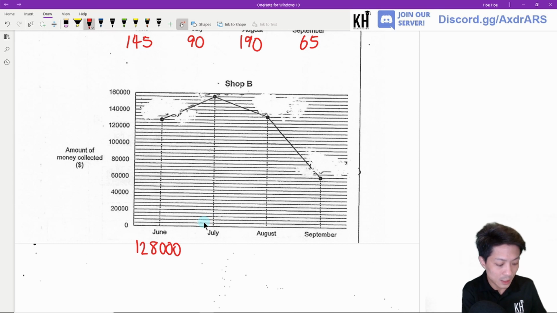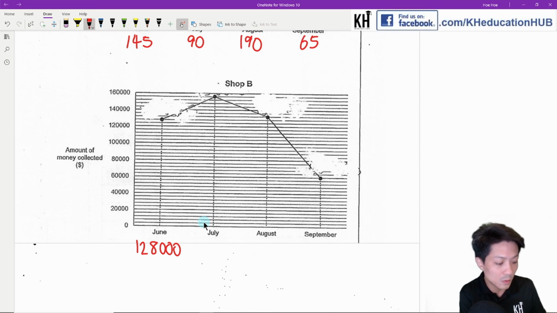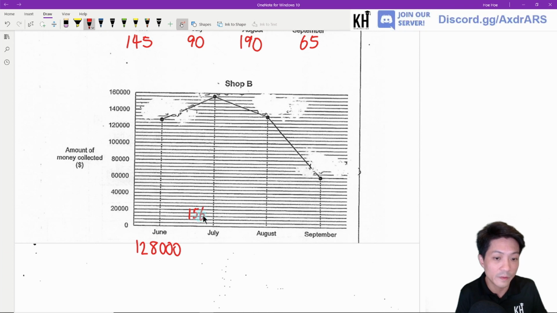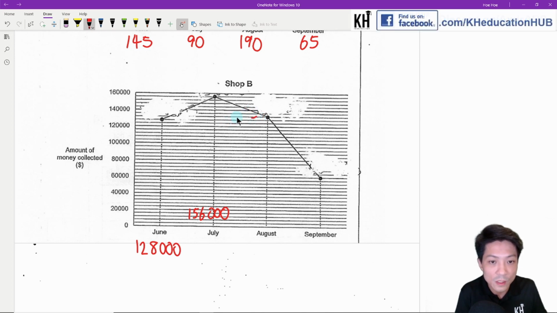July, I'm going to use 160,000 minus away 4,000. This will give me 156,000. August will be getting a bit difficult to see.